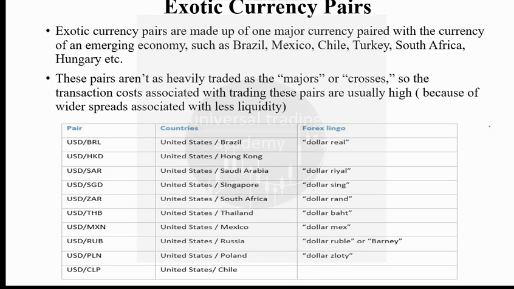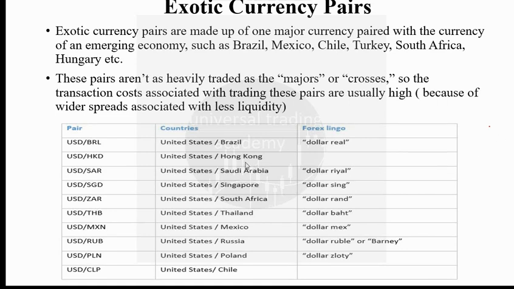One of the currencies must be a major currency, and the other currency it is paired with is a currency from the developing world, such as Brazil, Chile, Turkey, South Africa, Hungary, Singapore, and so forth.